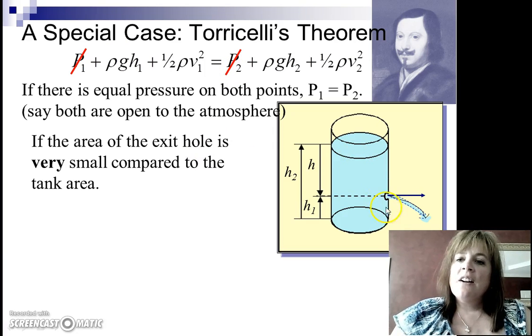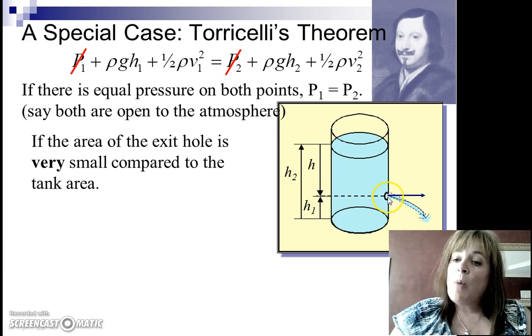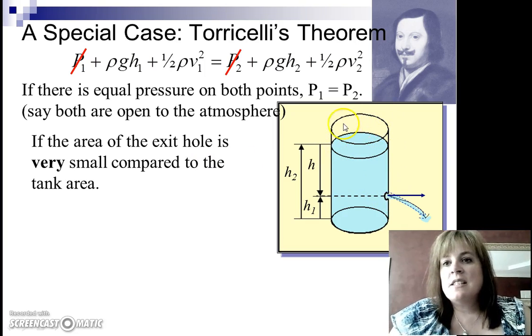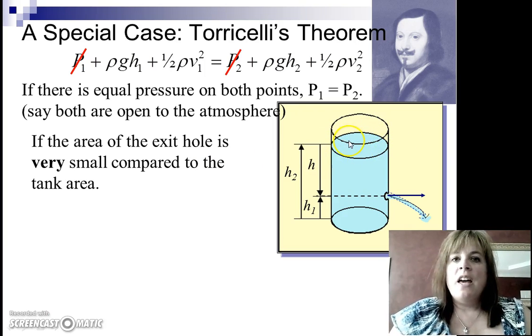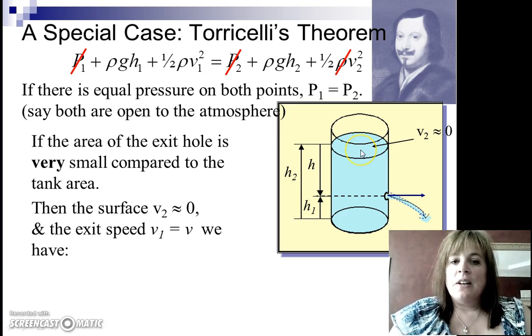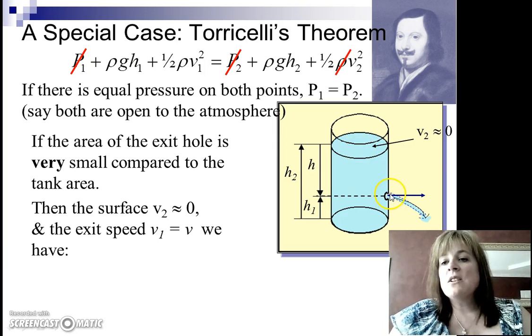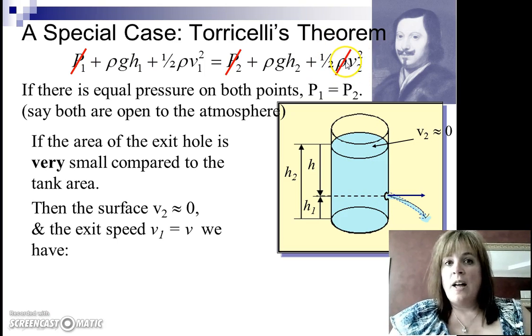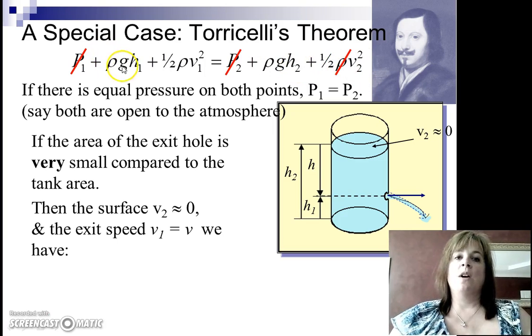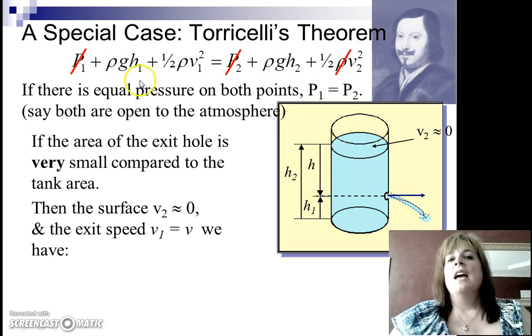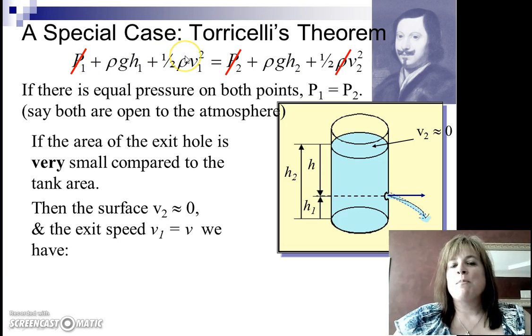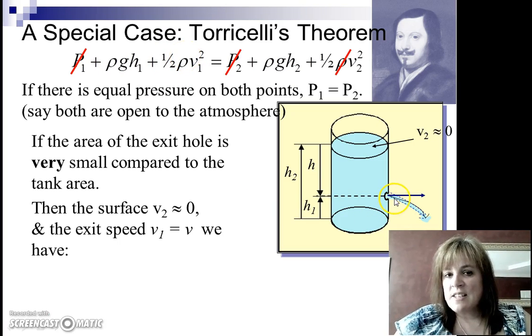And if the area of this exit hole is small compared to this area up here, then we can also say that the velocity up here is very small compared to the velocity here. And that will cancel out this term as well, leaving us only with a difference in gravitational potential energy for our fluid and our little kinetic energy component from the exit hole.